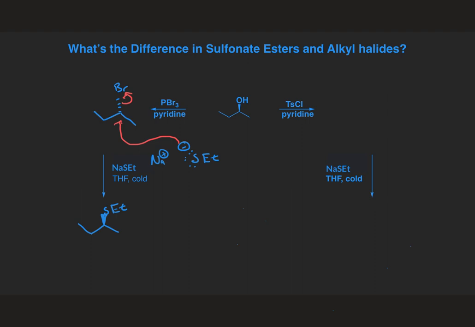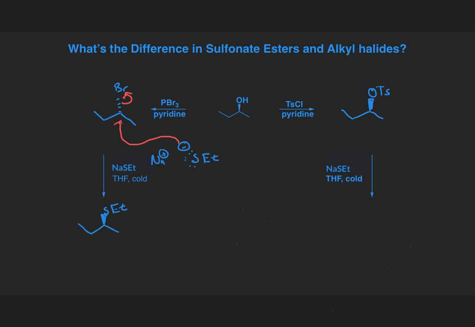On the other hand, if we convert that alcohol into a tosylate using tosyl chloride, remember that the oxygen in the alcohol is the same oxygen that's in the tosylate. And so the configuration of the alcohol is identical to that of the tosylate. And so I'm just going to convert that alcohol into a tosylate and leave that oxygen coming out of the page.